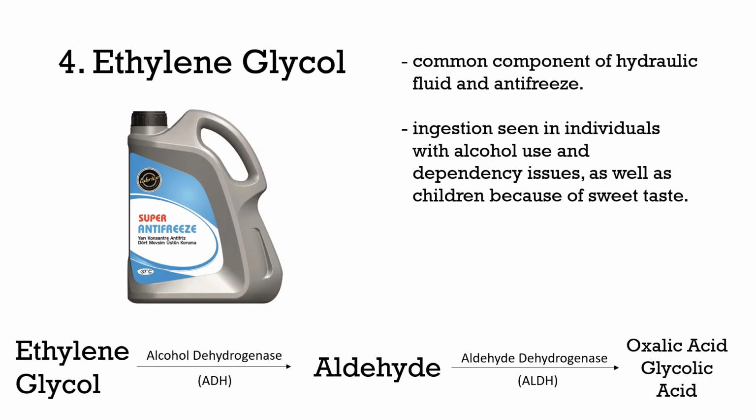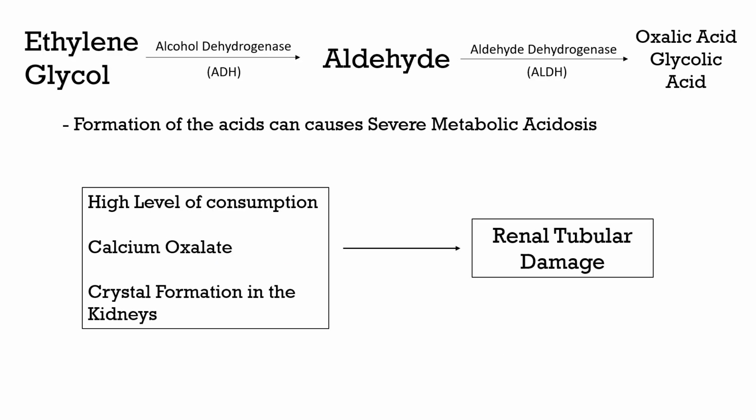Ethylene glycol is a common component of hydraulic fluid and antifreeze. The ingestion can be seen in individuals with alcohol use and dependency issues as well as children because of the sweet taste. It also goes to aldehyde to produce oxalic and glycolic acid.